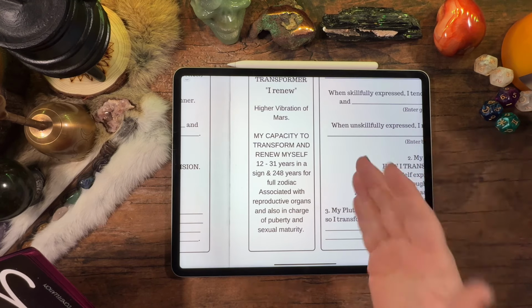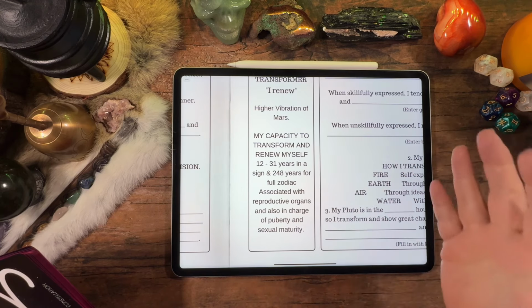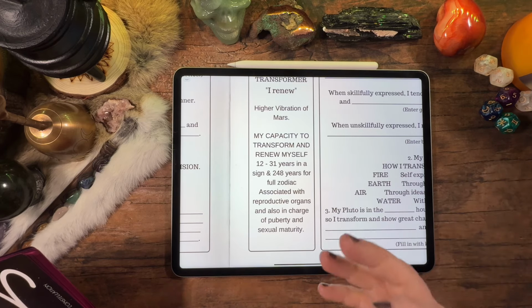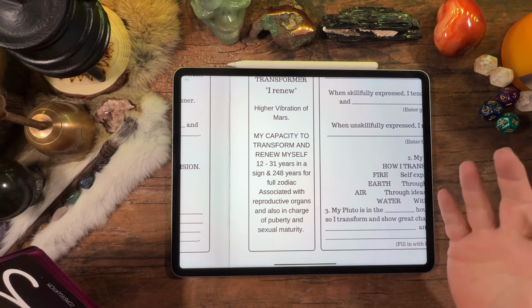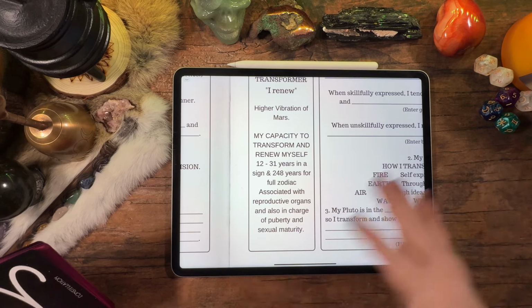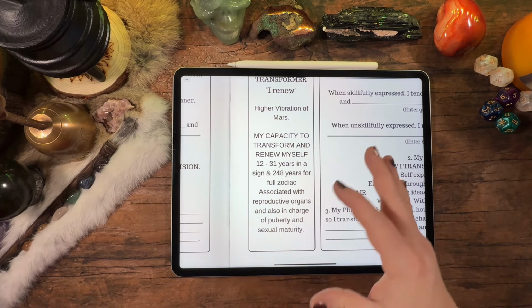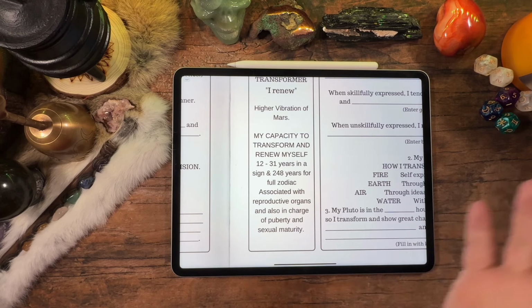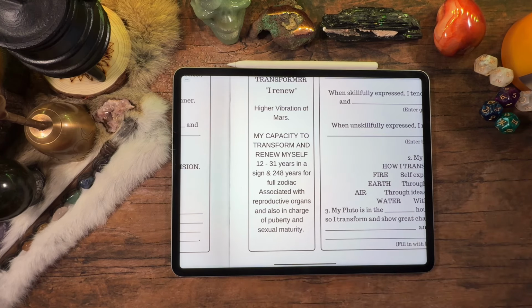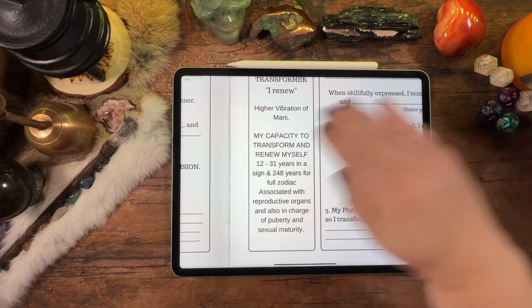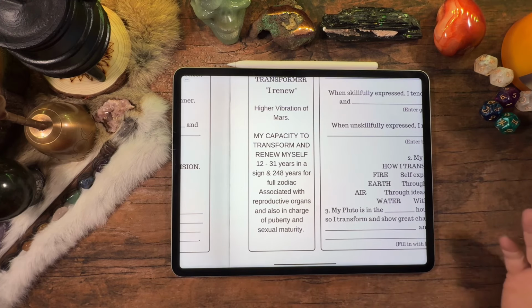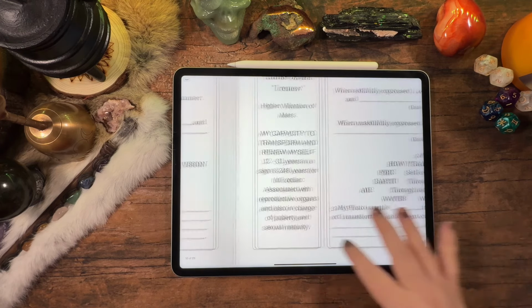But each astrological zodiac sign is different in true sidereal. Just to give you an idea, it goes every 12 to 31 years in a sign, depending on how quickly it's moving, and because it's so far out. To get a full rotation through all 12 of the zodiac signs takes roughly 248 years. That's why it is very much a generational planet.